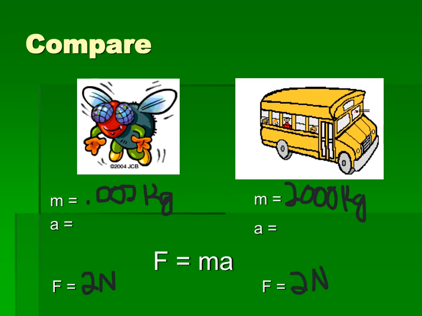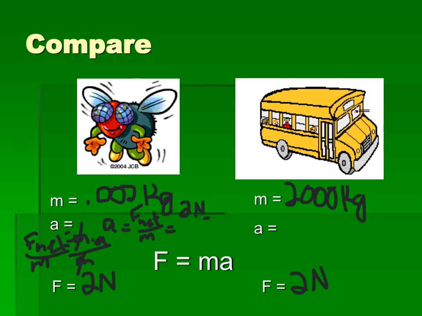So in this case, we want to rearrange our equation, net force equals mass times acceleration. Therefore I want to solve for acceleration. I'm going to divide by mass, and therefore I have the equation that acceleration is equal to net force over an object's mass, which in this case we said our net force was 2 newtons, our mass was 0.002.